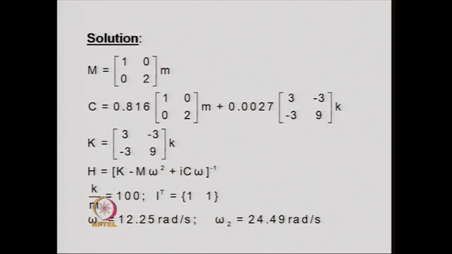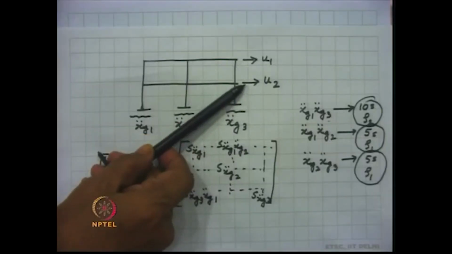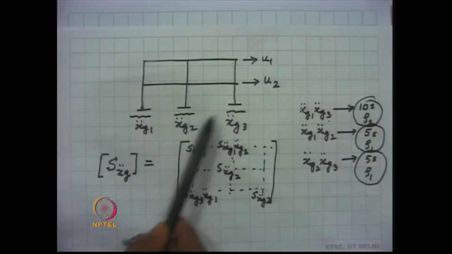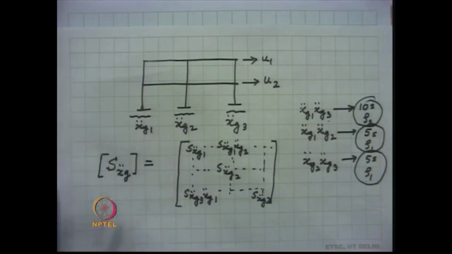We had U1 and U2 as the displacements, and we had three ground excitations, and in this case all the three ground excitations are assumed to be the same, and therefore in place of the R matrix we had only an I matrix.